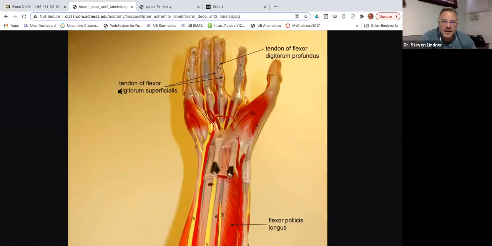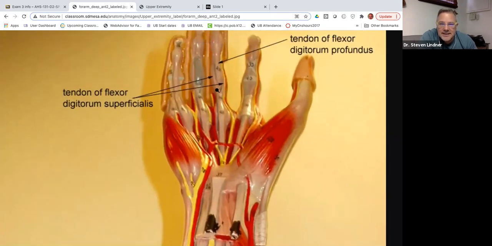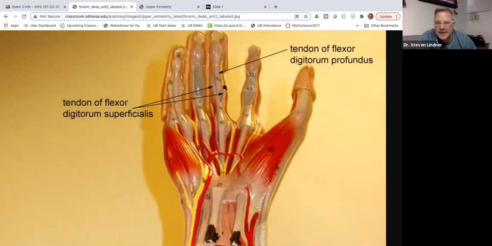You could see here, Flexor Digitorum Superficialis would be the tendon here, and you can see it splits, right? There's a slit in each finger. One goes to the medial side of the middle phalanx, and this one goes to the lateral side of the middle phalanx. And because it splits, it allows the flexor digitorum profundus to pass through the tunnel and go to the distal phalange.